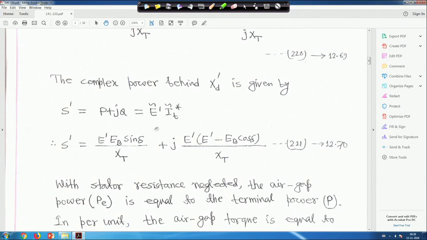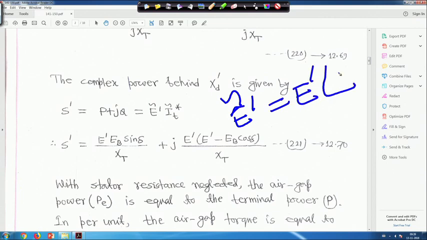Now I t conjugate will be multiplied by E dash, because we have taken E dash tilde equal to E dash angle 0 degree, and E b angle minus delta.